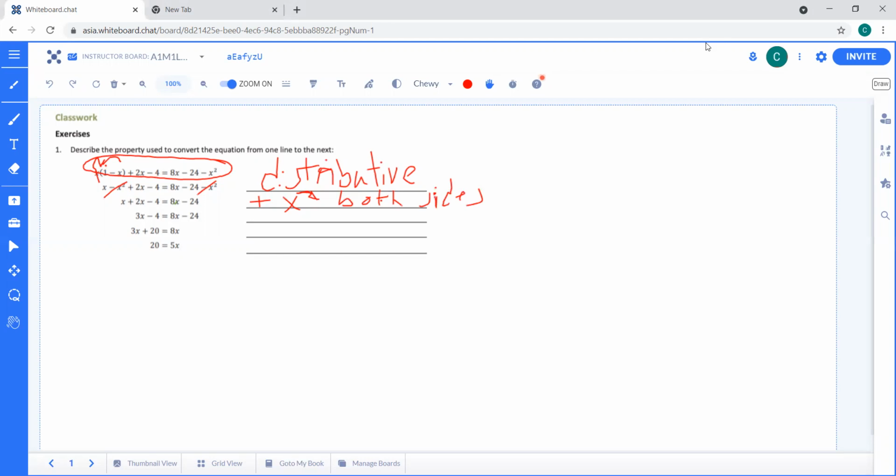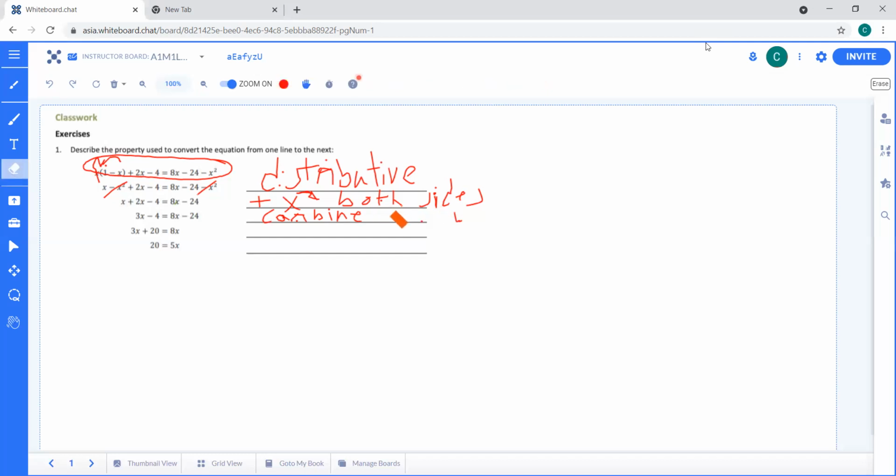There it is. Now let's see what they did. They just combined like terms right here. They combined that x with that plus 2x, so we combined like terms. And this pen is not cutting it.